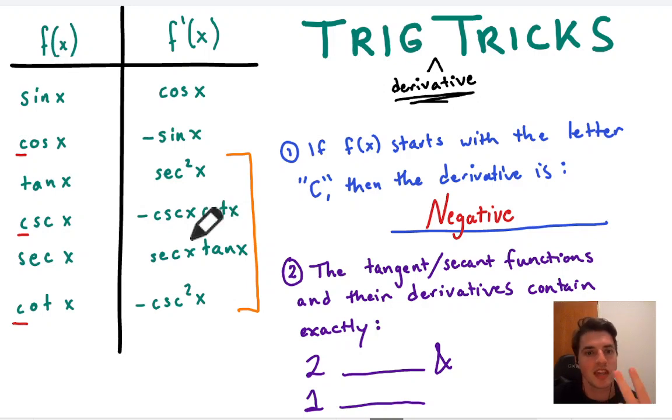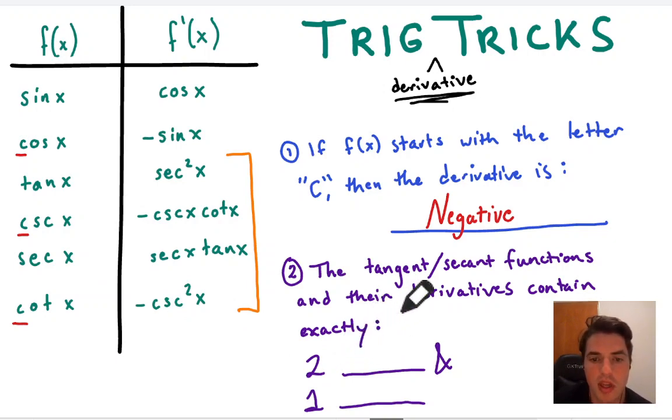So I have two secants or two cosecants and one tangent or cotangent. If we continue, we have a secant, we need two of those, so our derivative will contain one, and we need a tangent, so our derivative will contain the other. And finally, cotangent, we would need the two cosecants to go with that.